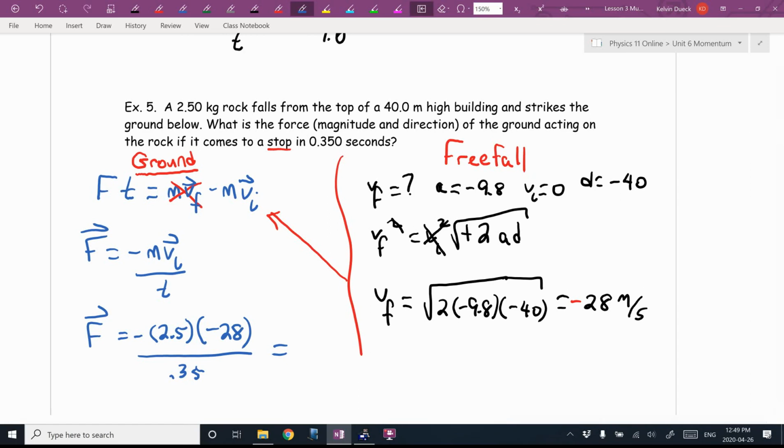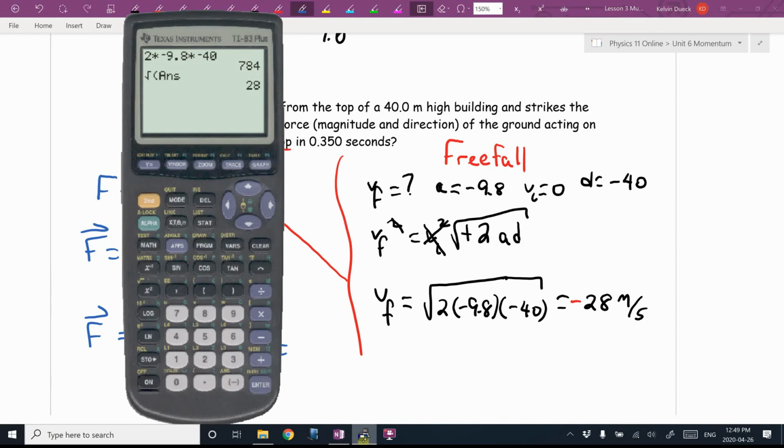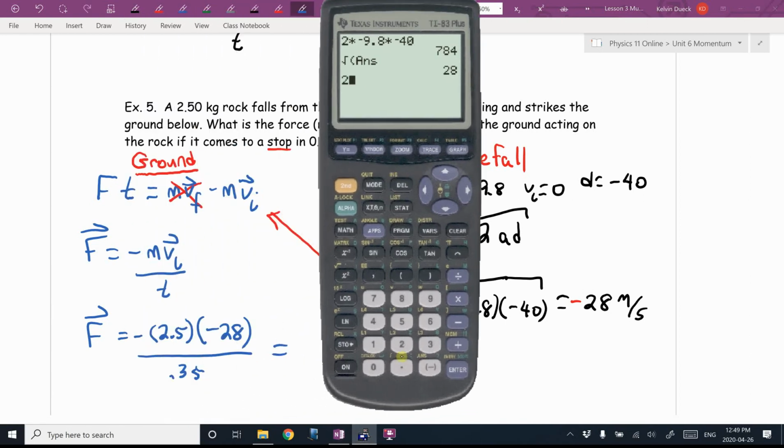When the ground is bringing this rock to a stop, it does have to apply a force upwards. In fact, if we did a free body diagram, it's applying a normal force upwards to bring the rock to a stop. So I'm going to get 2.5 times 28 divided by 0.35. I knew the negatives are going to cancel, so I didn't bother putting them on my calculator because I tend to abbreviate.